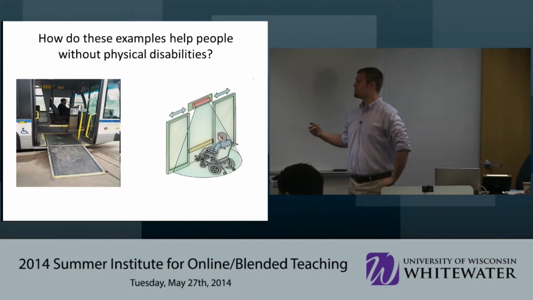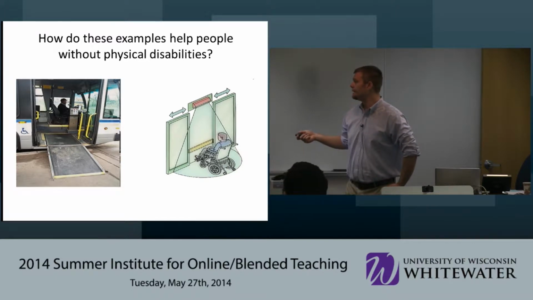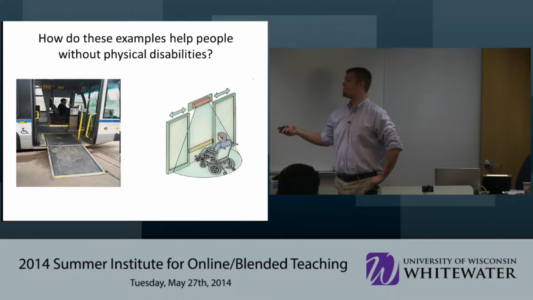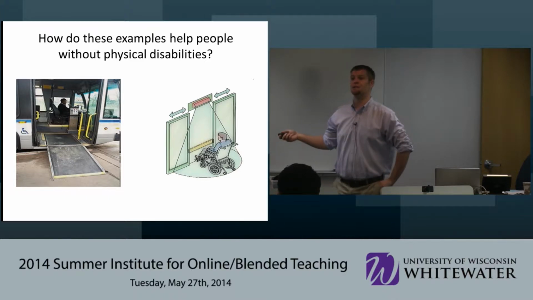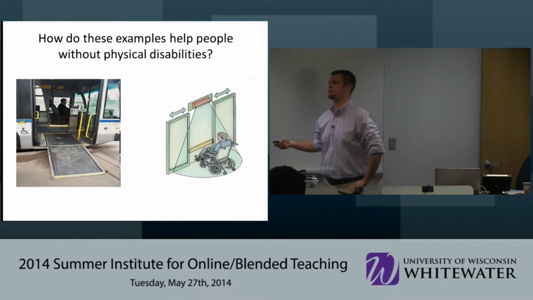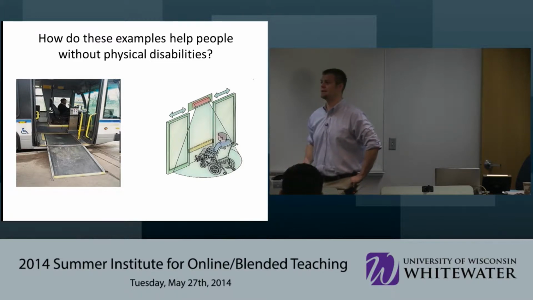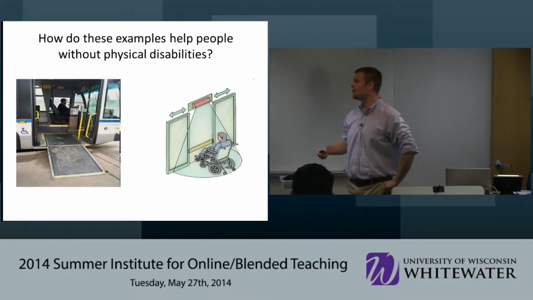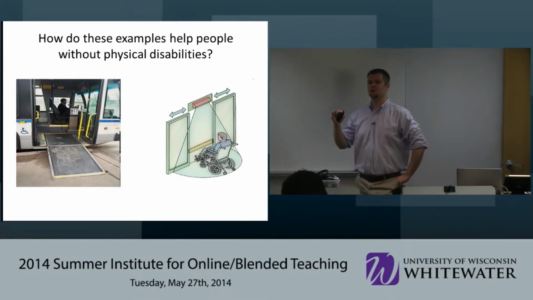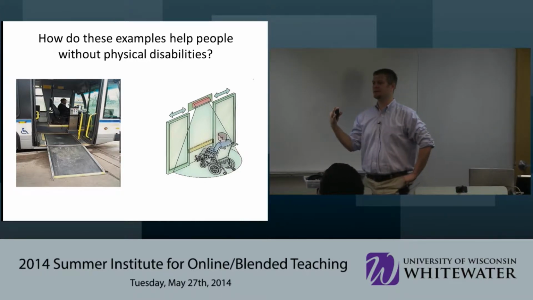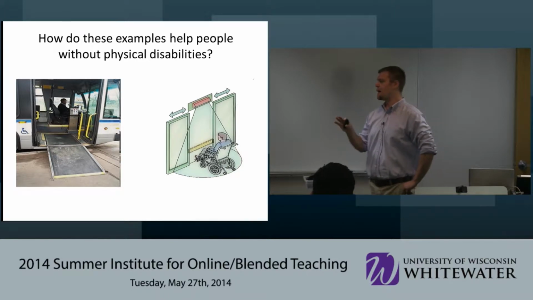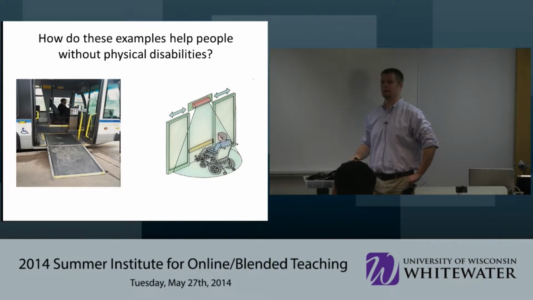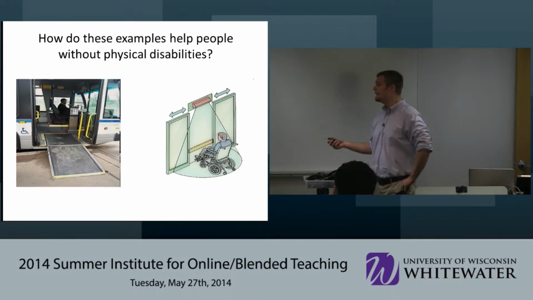I know the video spoiled this answer, but a great deal of individuals can access that bus, that building, much more easily. Just think if you had your groceries and your phone in your hand, getting through that doorway is a lot easier than having to use your hip or foot. So looking at this much grander than specific curb cuts and architecture, and how we can put that into an online curriculum, it's fun and engaging to me.